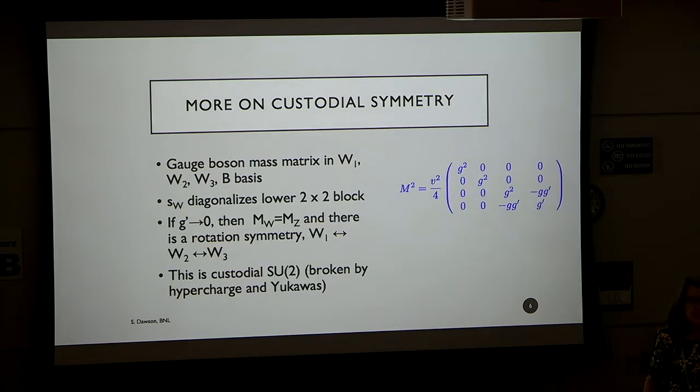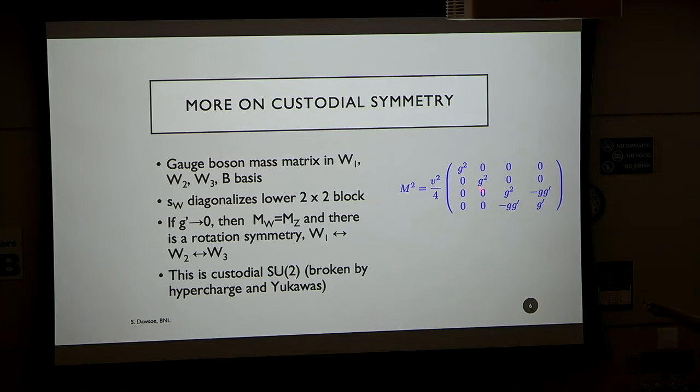So let's beat this to death a teeny bit more, because this is the so-called custodial symmetry. Let's go back and look at the gauge boson mass matrix in the basis of SU(2) cross U(1) bosons. W1, W2, W3 are the gauge bosons of SU(2). B is the gauge boson of U(1). So here's the mass matrix, v squared over 4, and then all the terms here. The upper two, W1 and W2, you recognize those. They turn into the W mass, g squared v squared over 4, m_W squared.